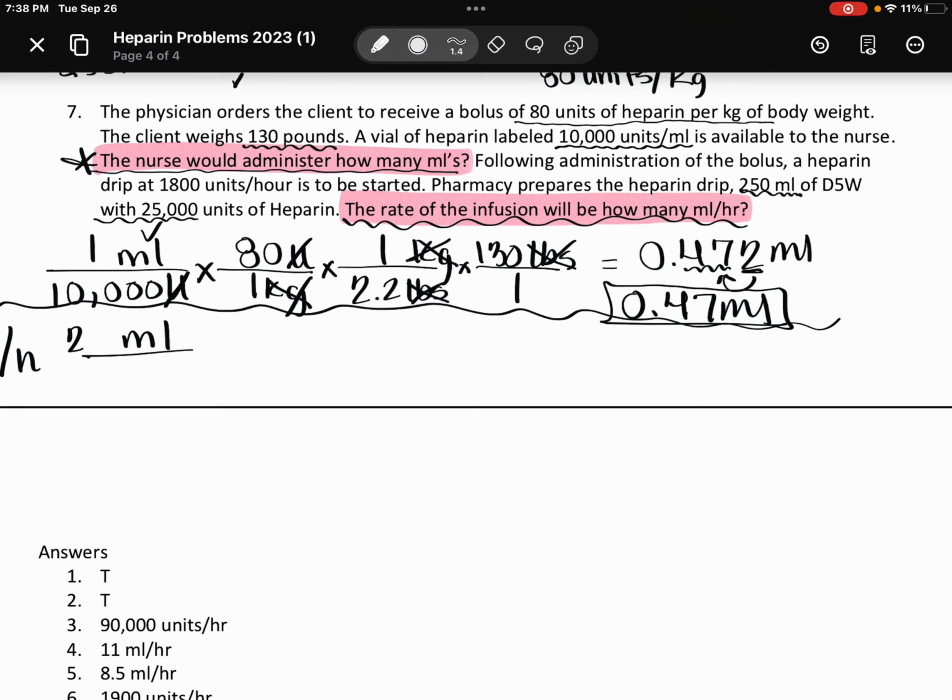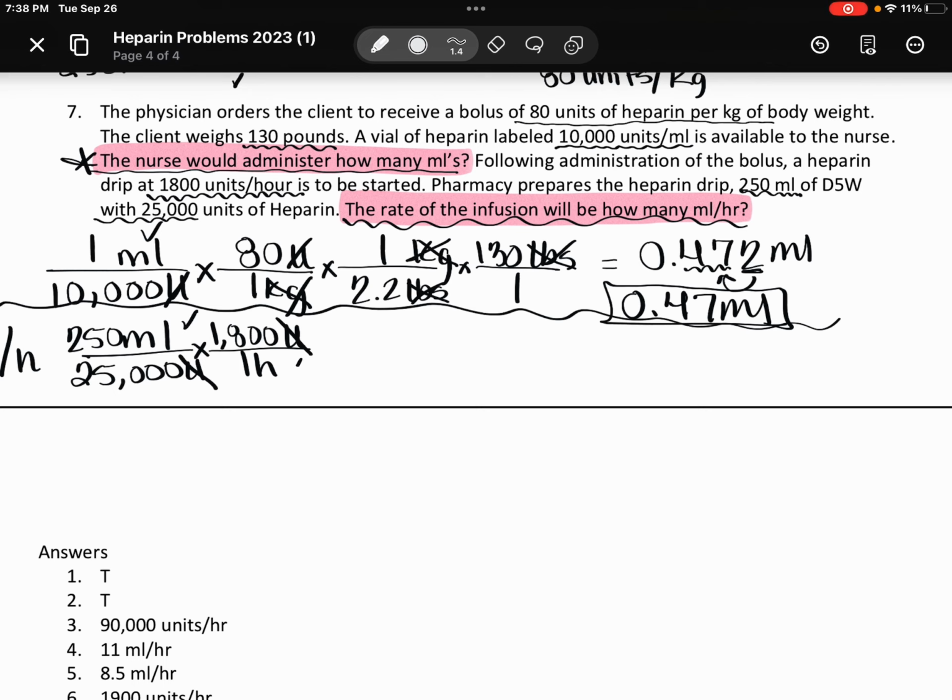Well, I've got 250 milliliters with 25,000 units. So I'm going to put my 250 up top, my 25,000 units on bottom. So now I need to get rid of this units. I'll bring up my units. I know that it's going to be running at 1,800 units per hour for 1 hour. My units cancel.